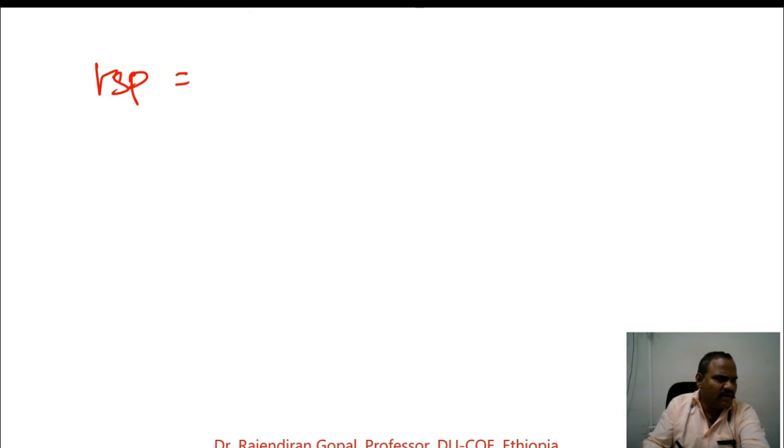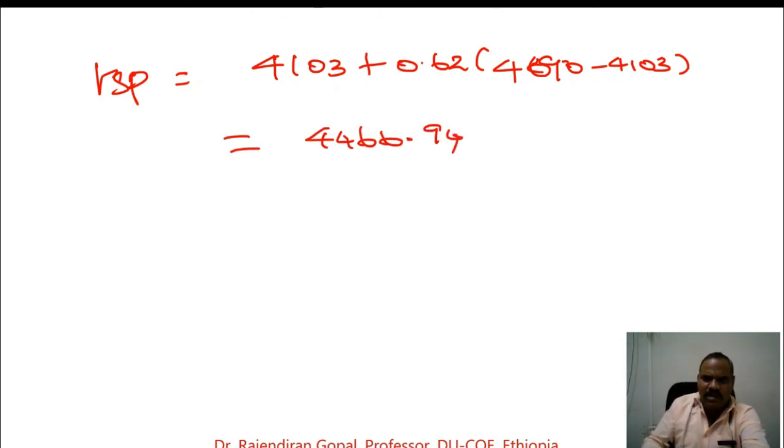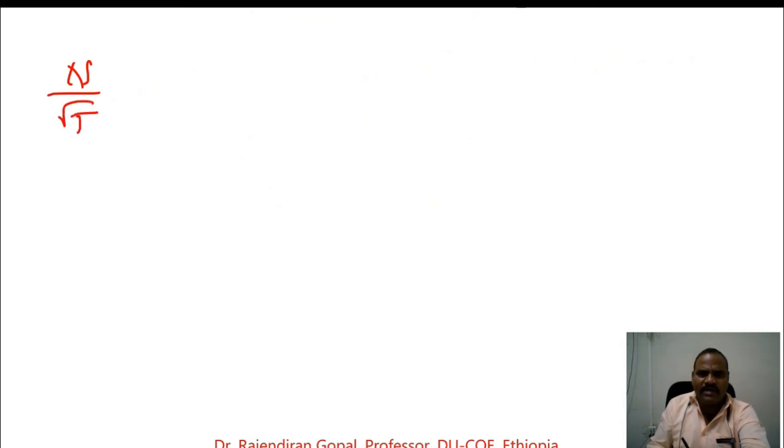So this rotor speed parameter is equal to 4103 plus 0.62 multiplied by 4690 minus 4103. We get 4466.94. That is approximately, assume this rotational parameter is equal to 4467. N by root of T is equal to 4467.